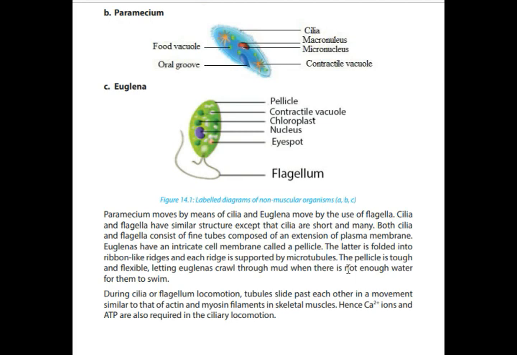During cilia or flagellum locomotion, tubules slide past each other in a movement similar to that of actin and myosin filaments in skeletal muscles.